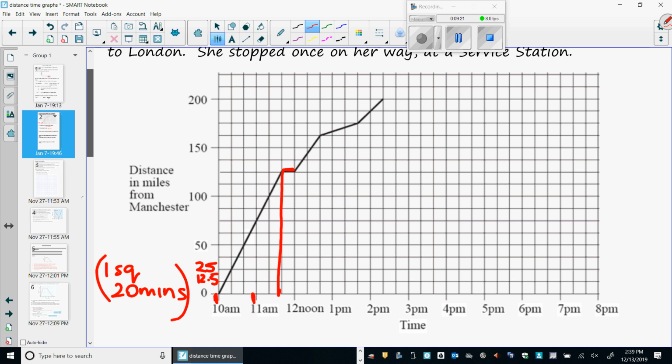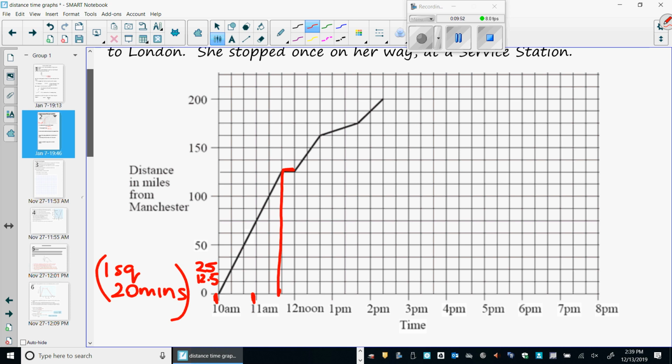Sydney's suggesting this one. Is it 100% definite this is the steepest bit? It could be the next bit. My personal thing is, is it this one or this one?